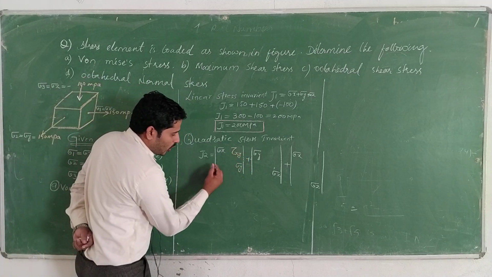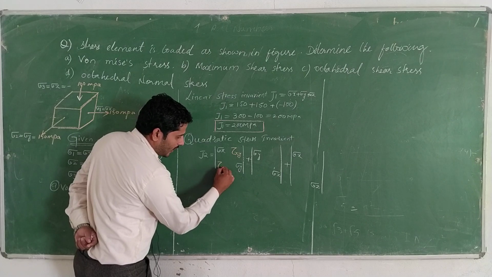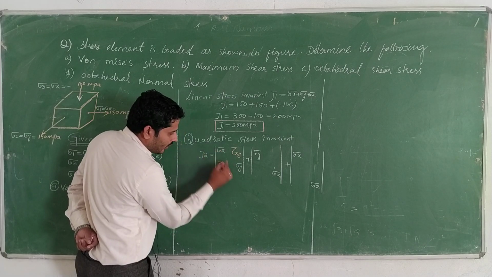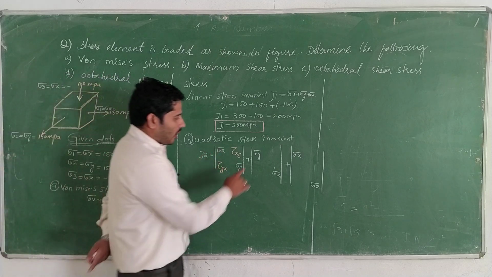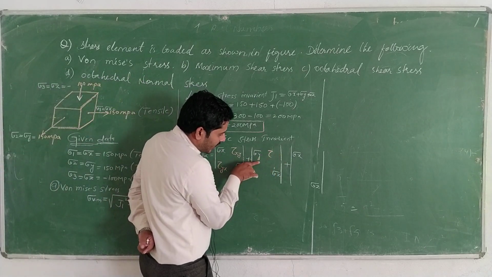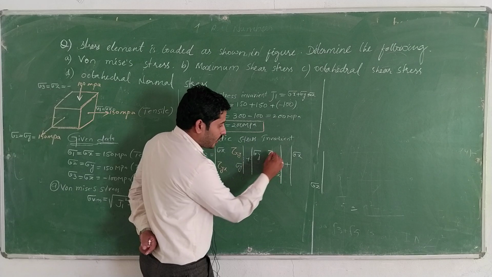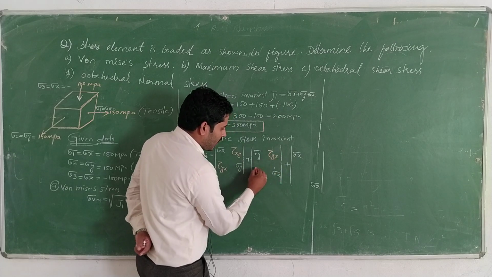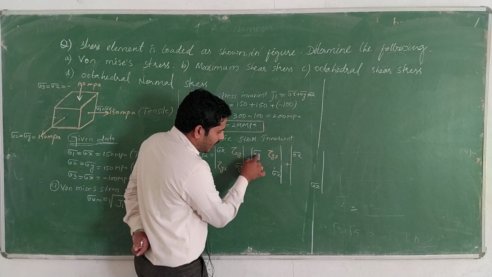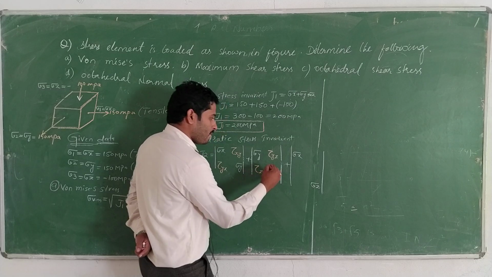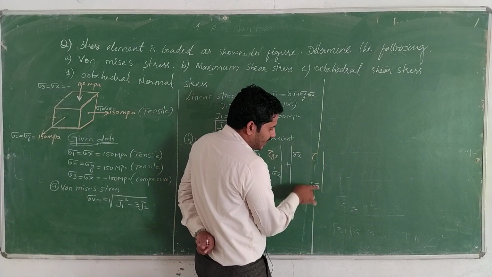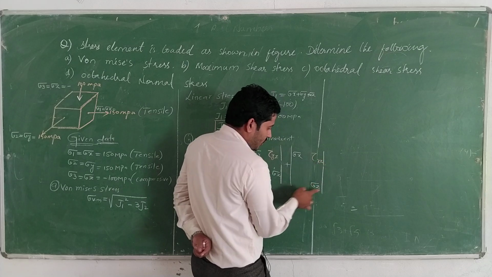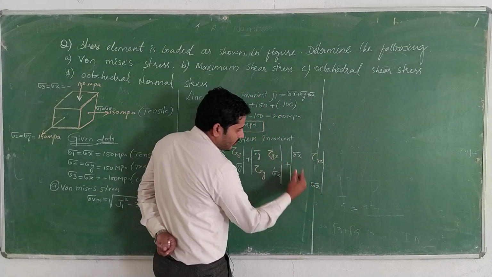In the line below, first y then x. Here the shear stress acting toward y and z, and below z and y. Then the shear stress acting toward x and z, and below z and x.